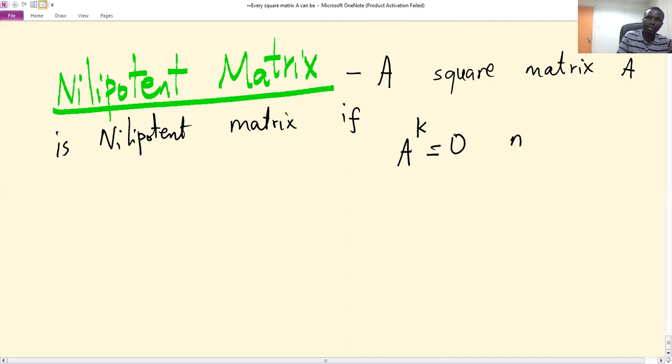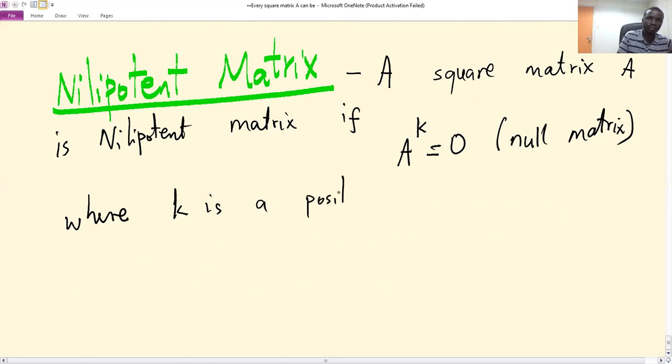This 0 means the zero matrix or null matrix, where k is a positive integer.